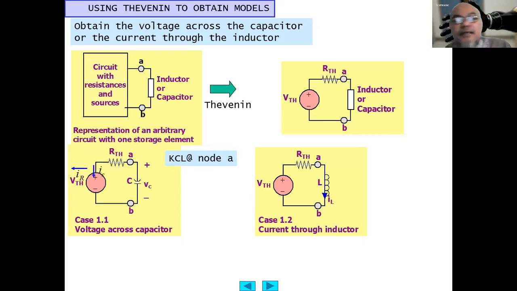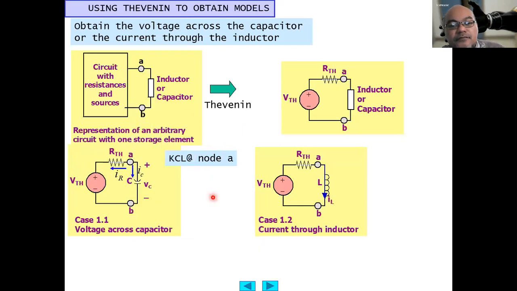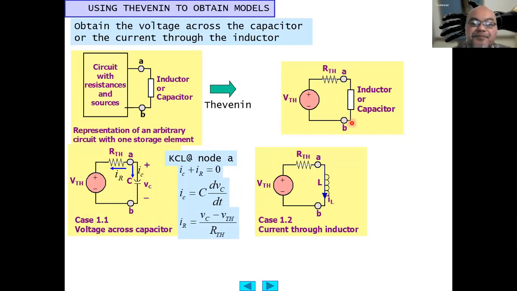We can use KCL at node A in the first case: IR plus IC equals 0, in which IC equals C dVC/dt and IR equals VC minus VTH over RTH.